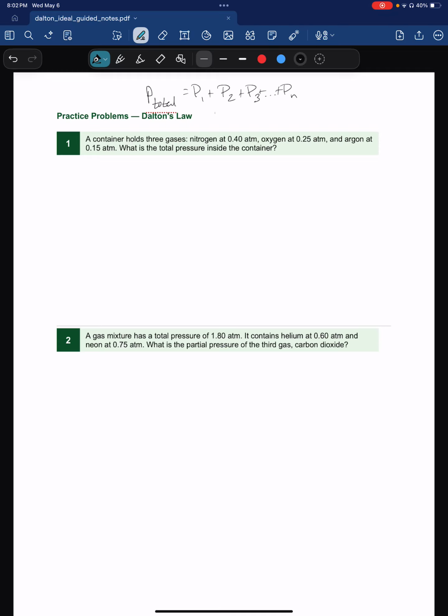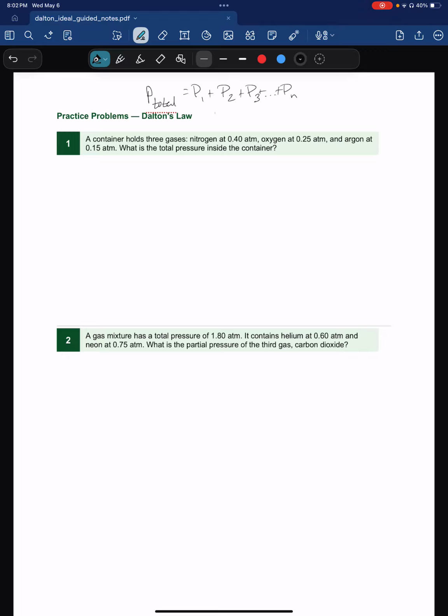All right. The total pressure is equal to P1 plus P2 plus P3 plus Pn. P sub n just means of any number, right? Usually we won't be handling more than a few at a time, but you could technically have an infinite number of gases. So, well, maybe not infinite, but nearly infinite.